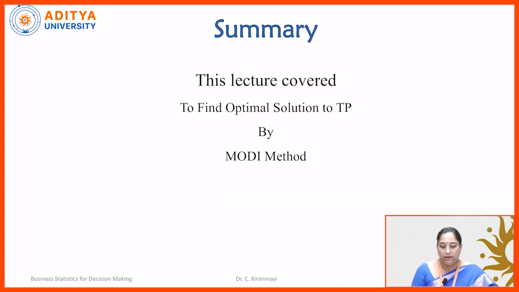By the end of this lecture, we have understood how to test whether the IBFS is optimum or not. If it is not optimum, we have learned how to compute ui vj values, how to calculate net evaluations, how to check whether the solution is optimum, and how to compute the total minimum transportation cost. Thank you.